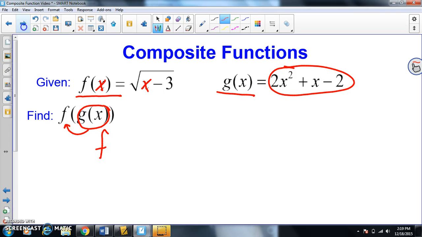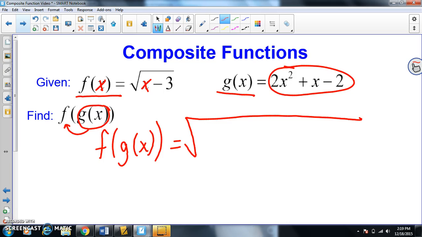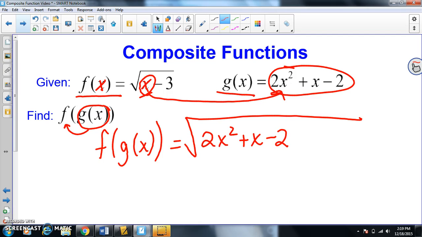So if we want f of g of x, this is going to be equal to the square root, and instead of this x, I need to write what g of x is equal to. So I'm writing 2x squared plus x minus 2, then I need to finish the rest of the function, minus 3.